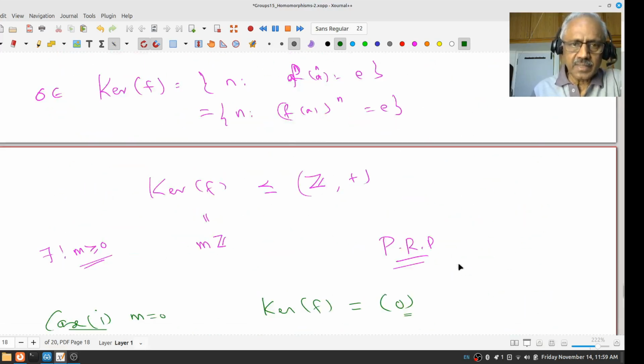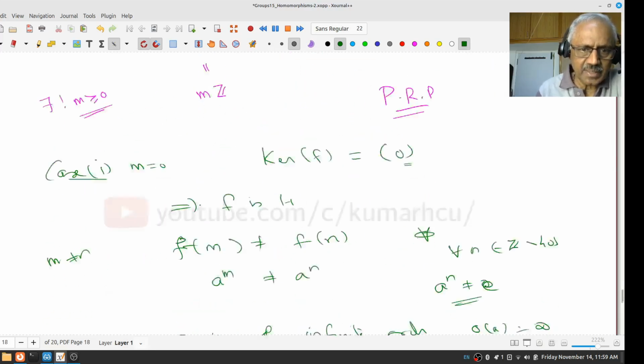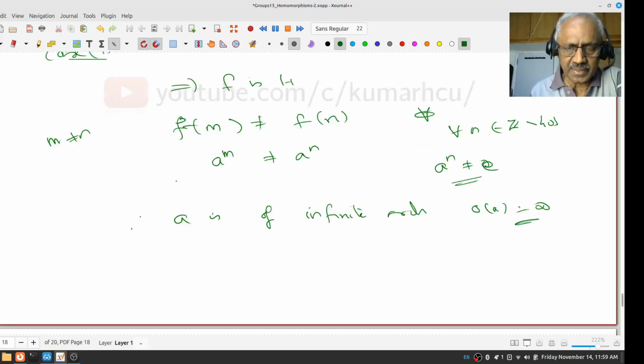So the kernel is a subgroup of Z. We understand what all the subgroups of Z are. They are multiples of some integer m. So the possibilities are that m is either 0 or some positive integer. If m is 0, what does it mean? a is of infinite order.